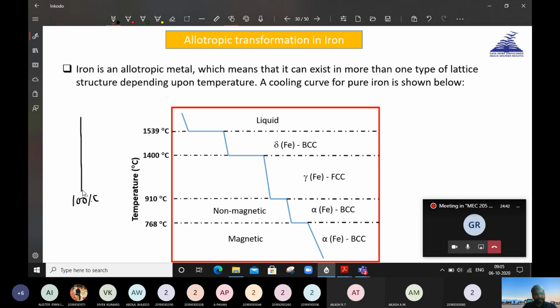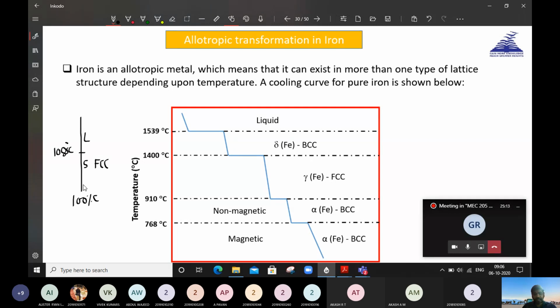What you will find is, as the temperature rises, at 1085 degrees Celsius it is going to melt. This is the solid and this is the liquid. Here the structure of copper is FCC, so we are not going to get any allotropic transformation, meaning a change in the crystal structure.